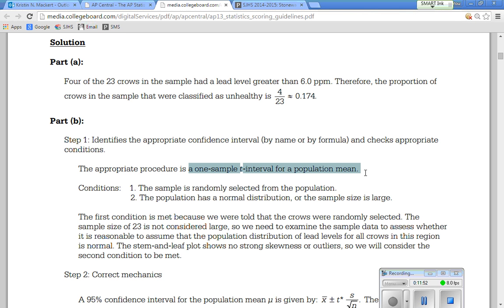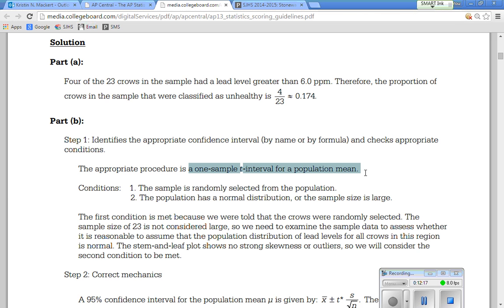So a stem and leaf plot, doesn't a stem and leaf plot show skewness? So if I just turn my stem and leaf plot sideways, can't I see if it's relatively normal or not? All you had to do was say that. If you say, according to the stem and leaf plot, the data looks relatively normal, you've met that condition. Okay? That's all you have to say.